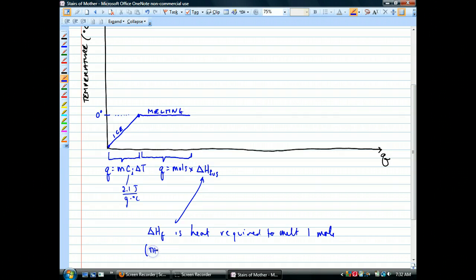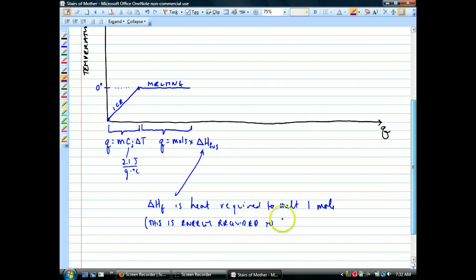This is the energy required to break the ice structure.